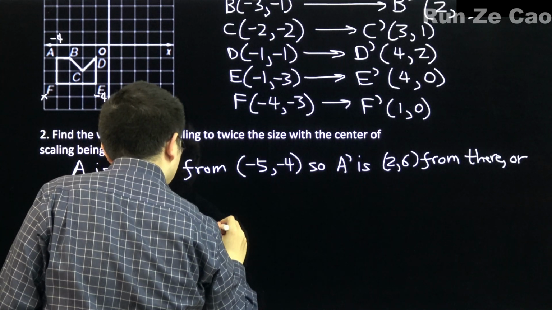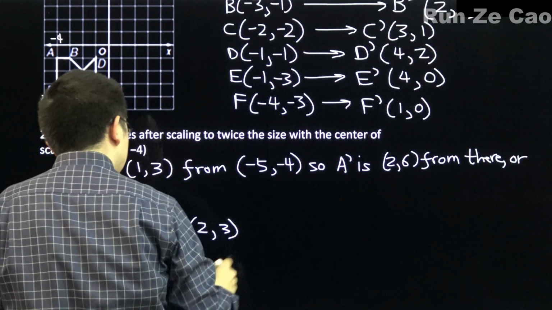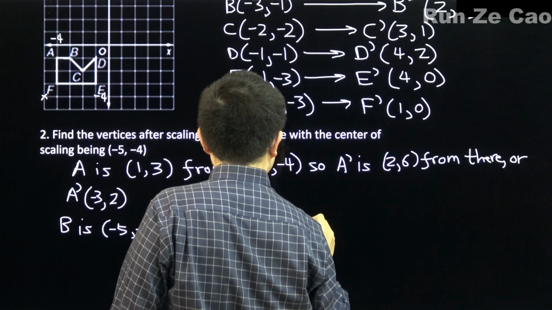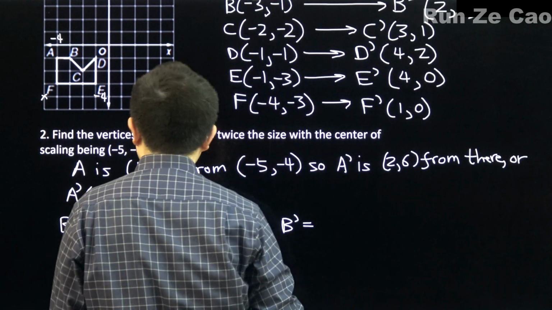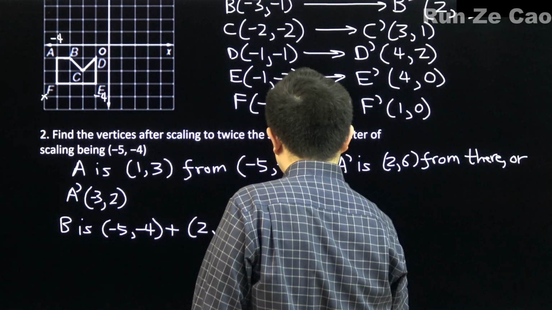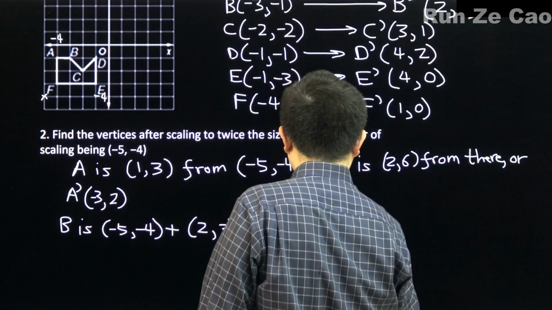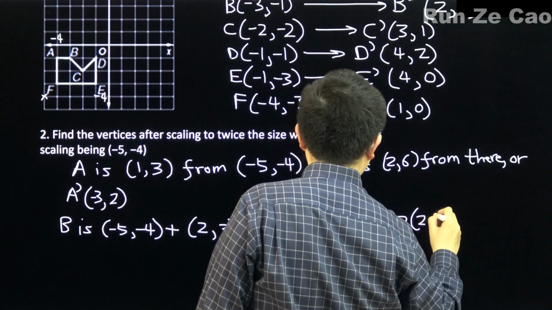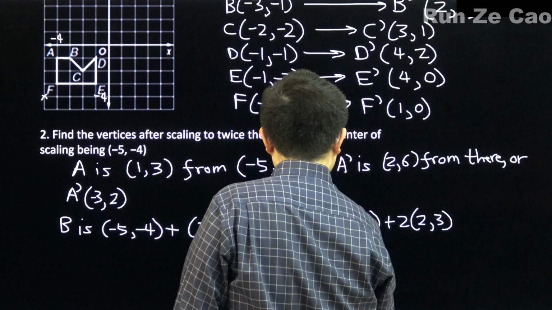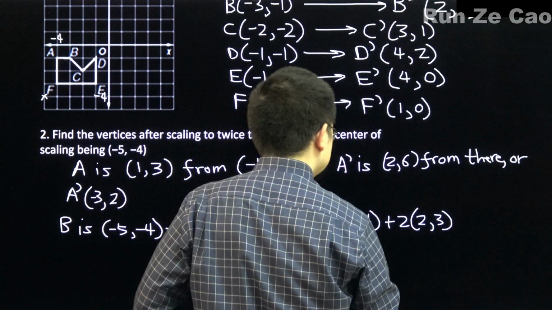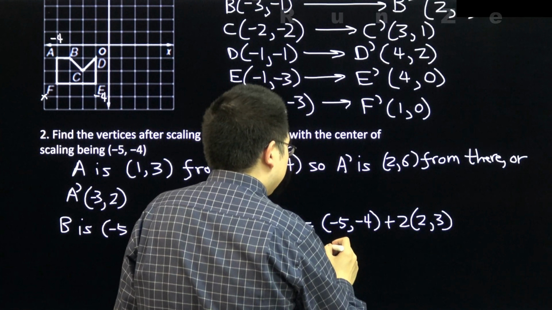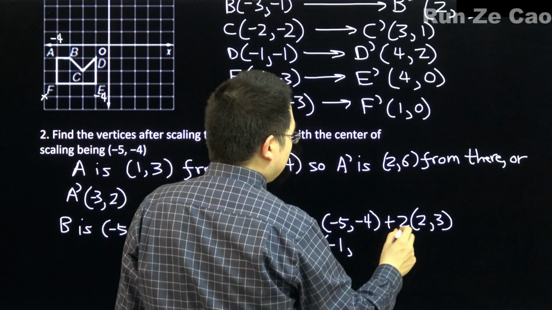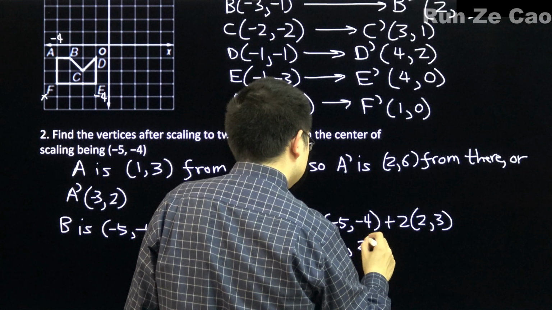Twice that, 2, 3. So B prime is -5, -4 plus twice of 2, 3, which is equal to -5 plus 4, -1, -4 plus 6, 2.